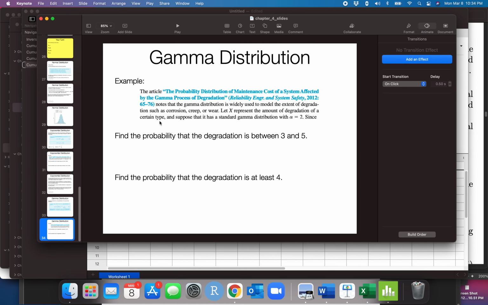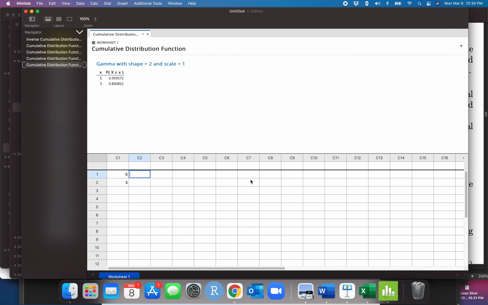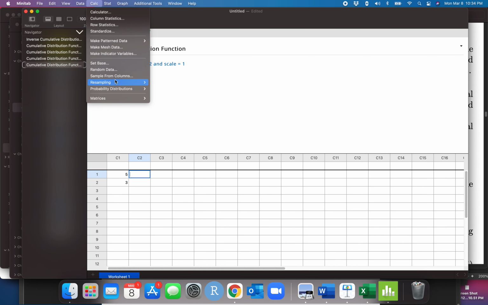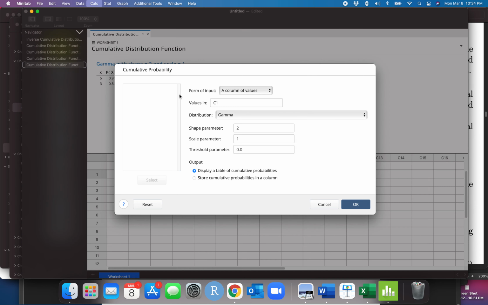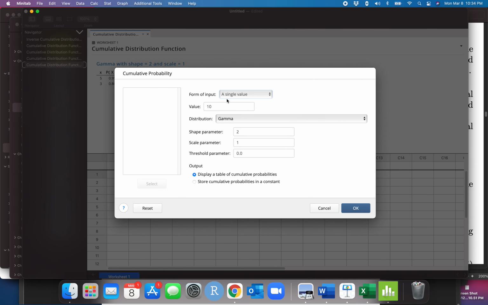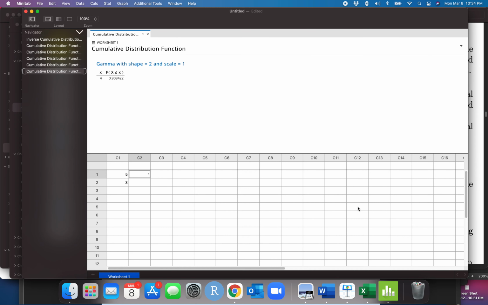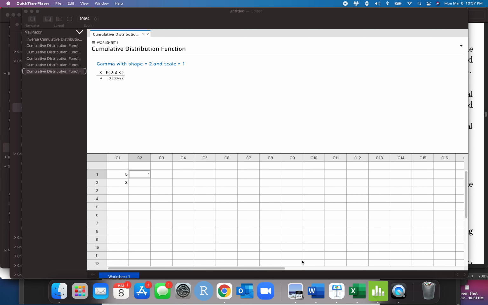And then the last one is at least 4. So at least 4 is 1 minus at most 4. And so I need to do 1 minus the CDF of the gamma distribution at 4. So again, I go to calculate, probability distribution, cumulative. Now I want a single value. The value is 4. Click OK. And now we get the answer, which is, well, not quite the answer, but almost the answer, 0.908.